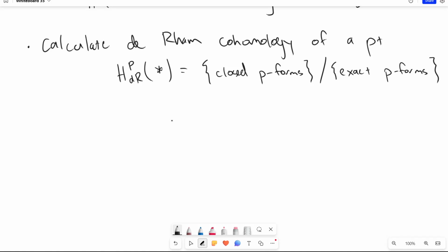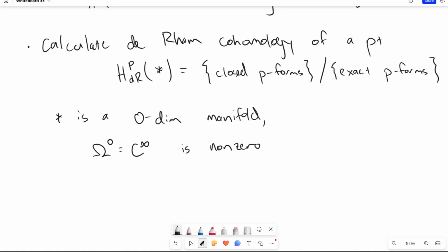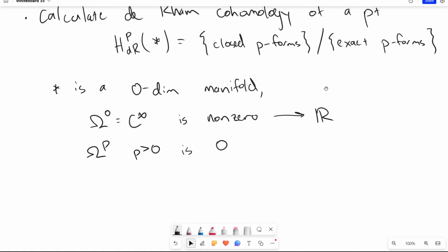So right here, since we're a point, we're a zero-dimensional manifold. So our situation is only Ω^0, which is C^∞, is non-zero. And this is just R, because the only functions from a point to the real numbers is R. And then Ω^p for p greater than 0 is 0. So that makes our whole calculation easier.